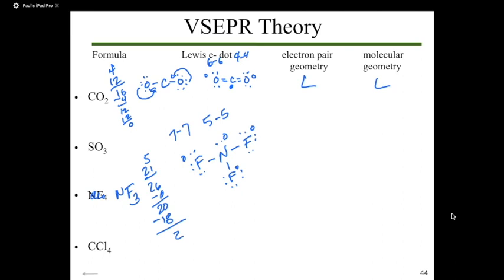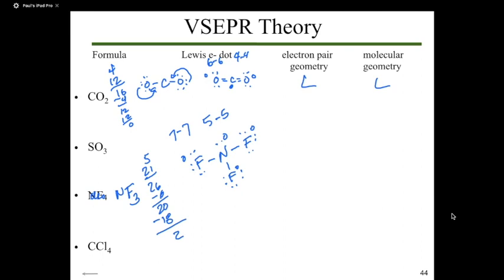How many domains are around the nitrogen? 4. How many of them are non-bonding pairs of the 4? 1. Take that away. What is the shape? It is a triangle and a little pyramid, so it's trigonal pyramidal.